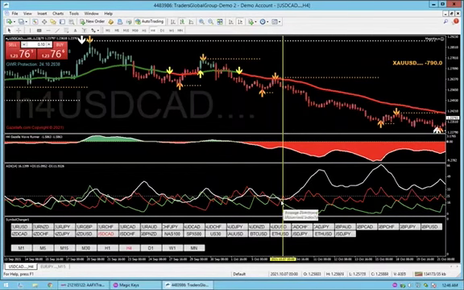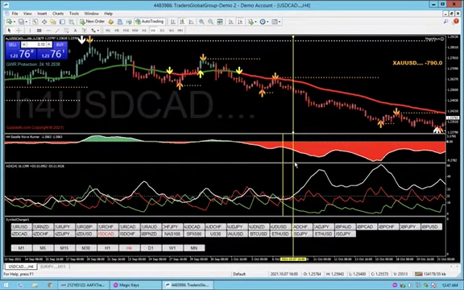Now we see right here the bears are in control. And if we move here, this is a place where there is high momentum to support the direction that things are already going in.